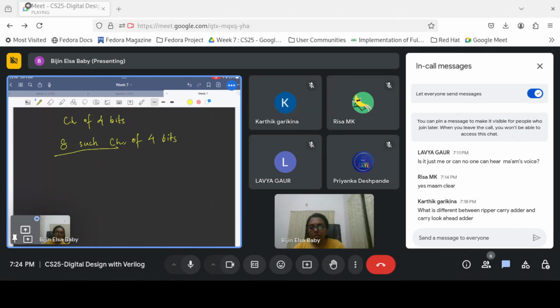When you do that, the area will be around 224. So if you compare, this is 8 groups of 4-bit carry lookahead adders in a ripple carry fashion. So the area is 224.